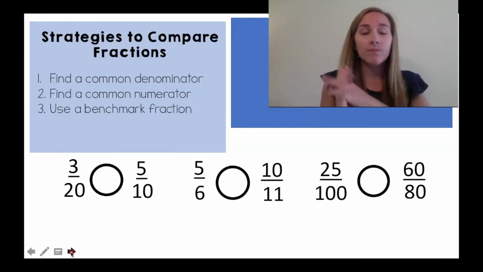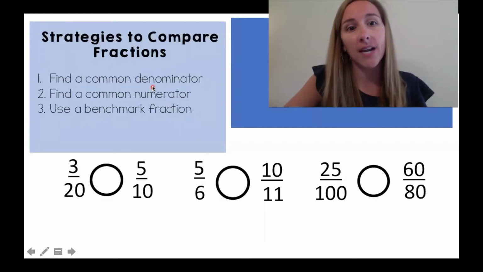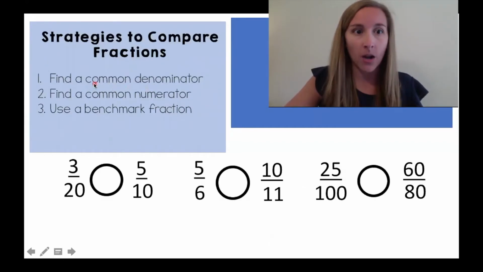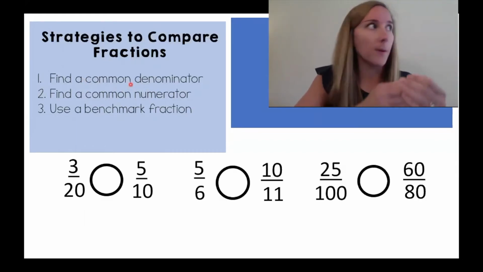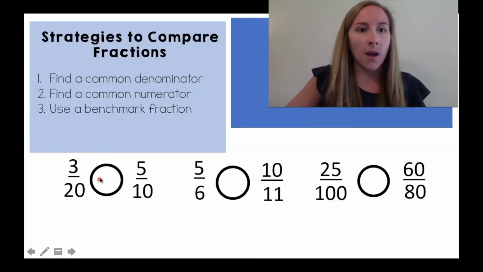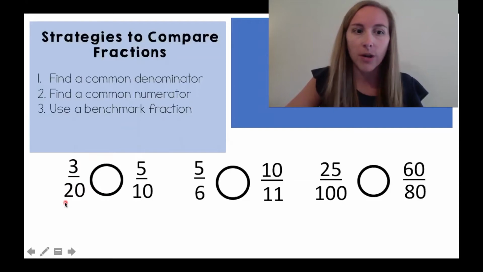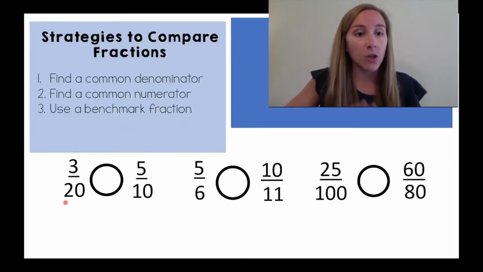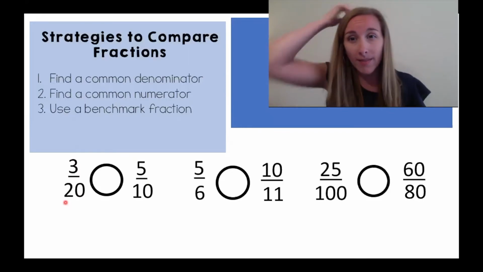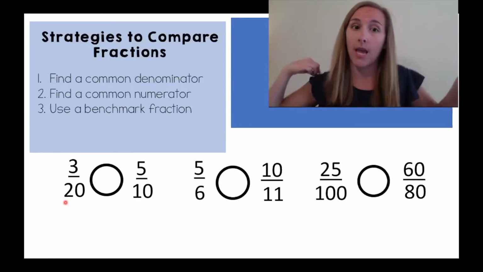So the first one that I want to talk about is finding that common denominator. Now, a common denominator, if you and I have something in common, that means we share it, it's alike, it's the same thing. So as I look at this first comparison here, 3 over 20 and 5 over 10, they don't have the same numerator already, and they don't have the same denominator already.